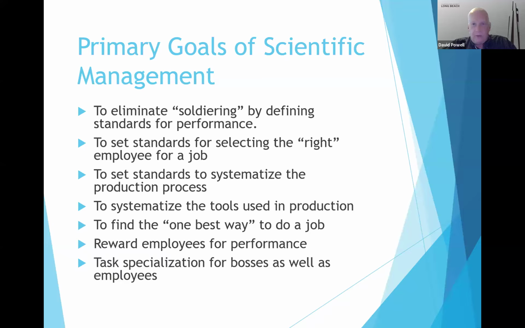They're not trying to give back to the organization. They're going to do as little as possible just to not get in trouble. Since there's no level of middle management there and there's very little supervision and guidance provided to these employees, they could get away with soldiering. So in his scientific management, he wanted to establish and define performance standards that could then be applied to these individuals to eliminate this process known as soldiering.